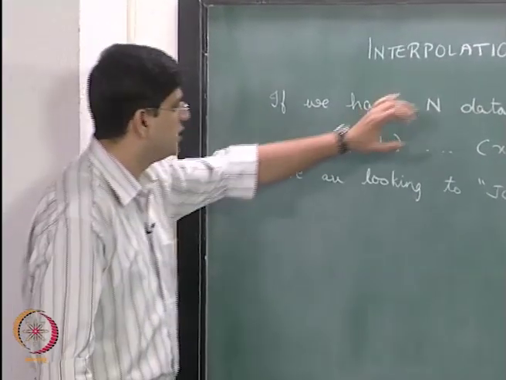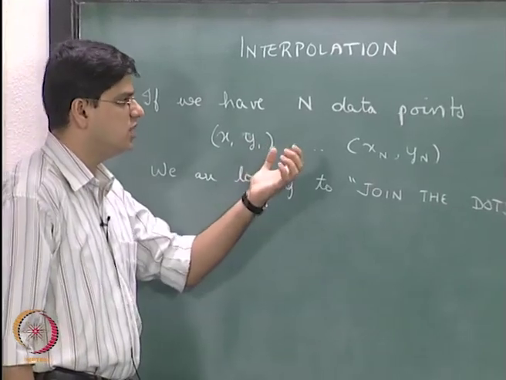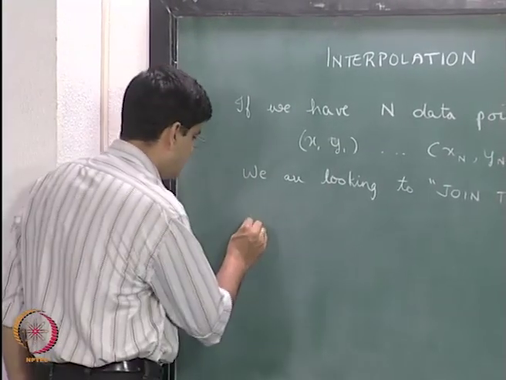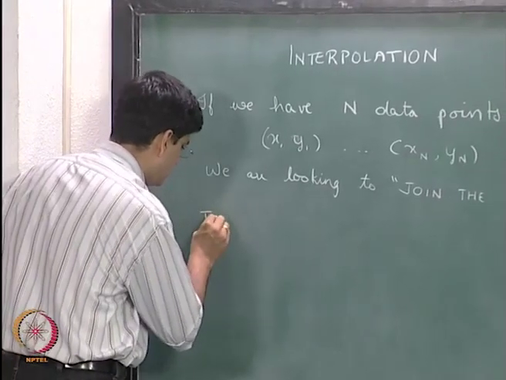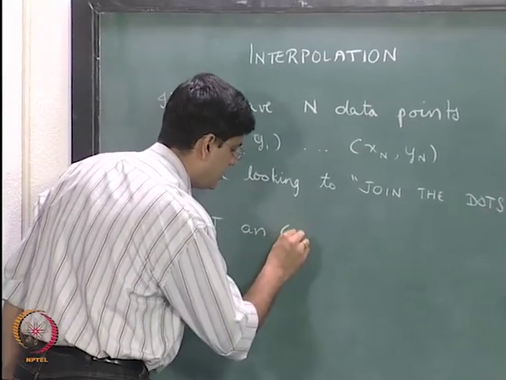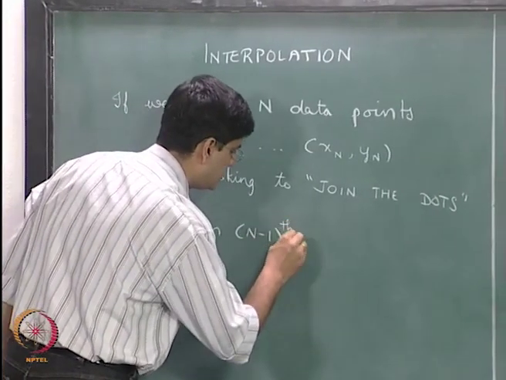That is what we are trying to do in interpolation. The straightforward extension of what we have learned so far is to fit an n minus 1th order polynomial.